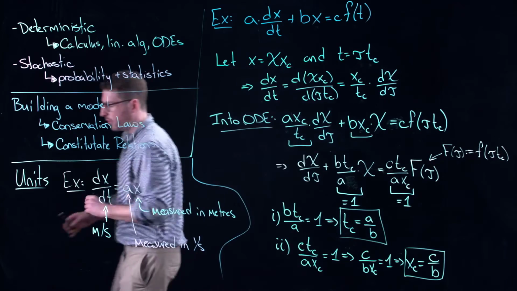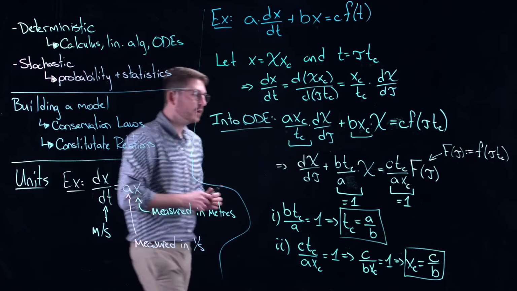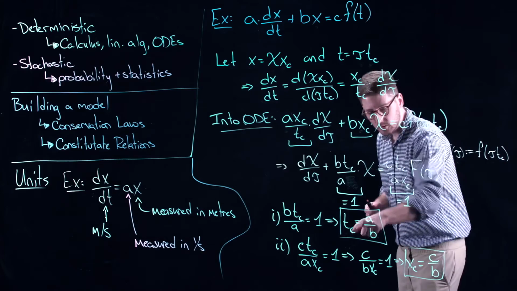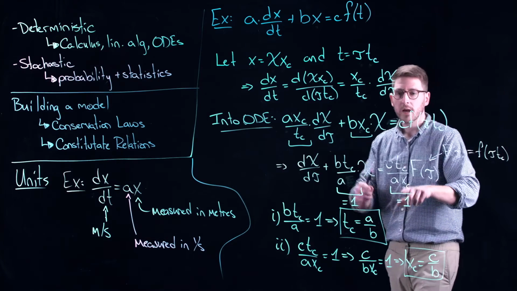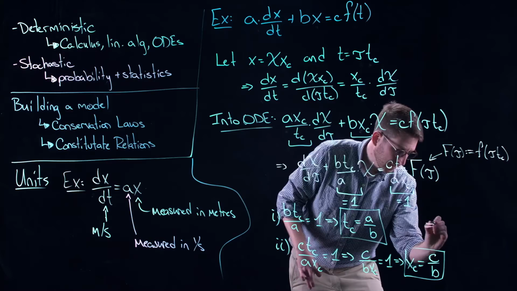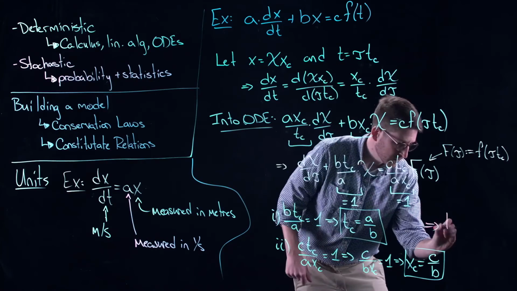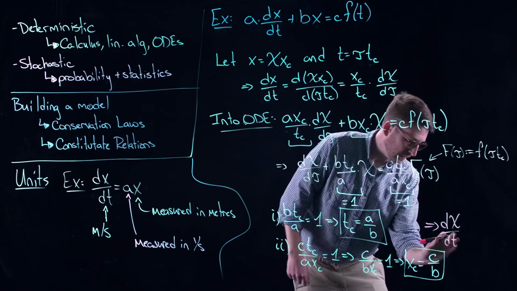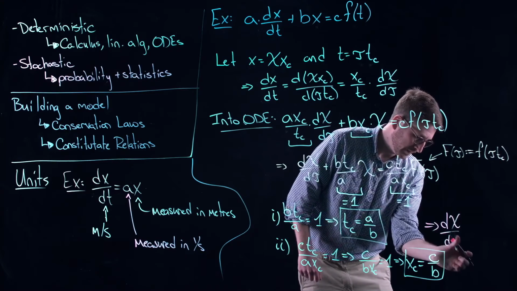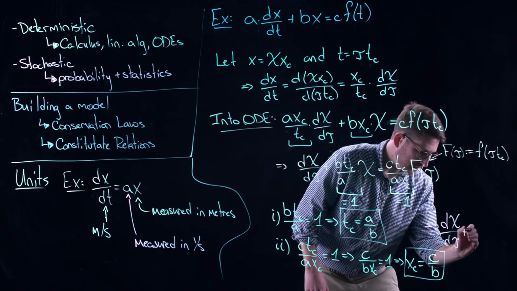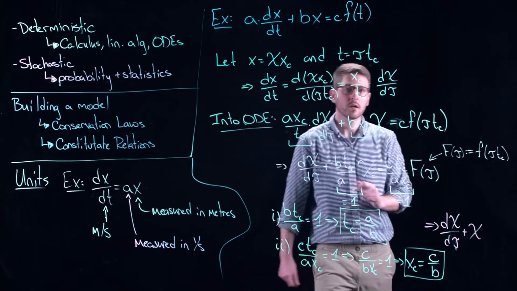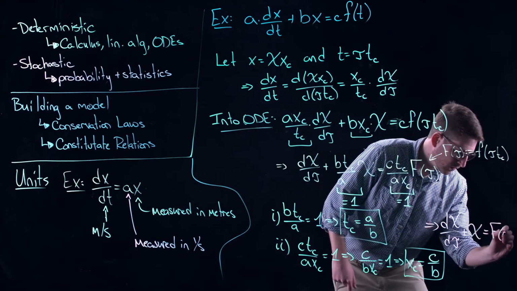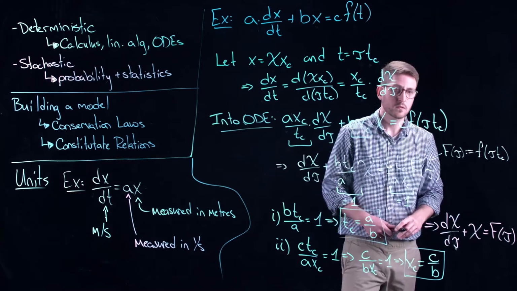And what was the point? By choosing those two values, remember, I got to choose how I rescale the variables. I got to choose tc, I got to choose xc. I chose them in such a way so that my ordinary differential equation becomes the derivative of the new variable chi with respect to tau, pardon me, plus the original function chi, and this is equal to a function of tau.